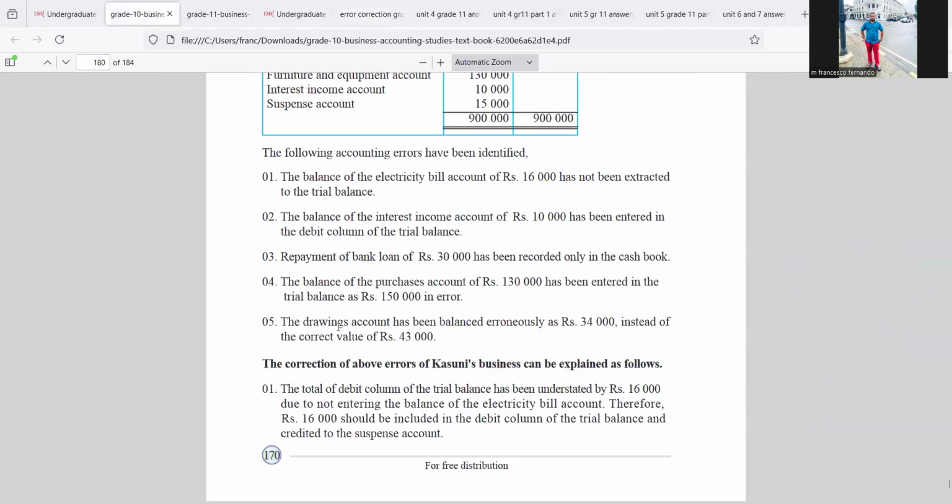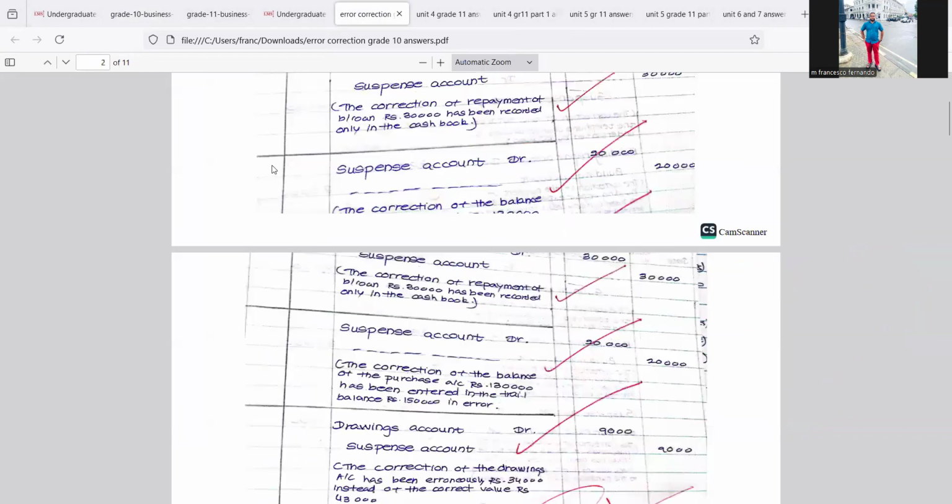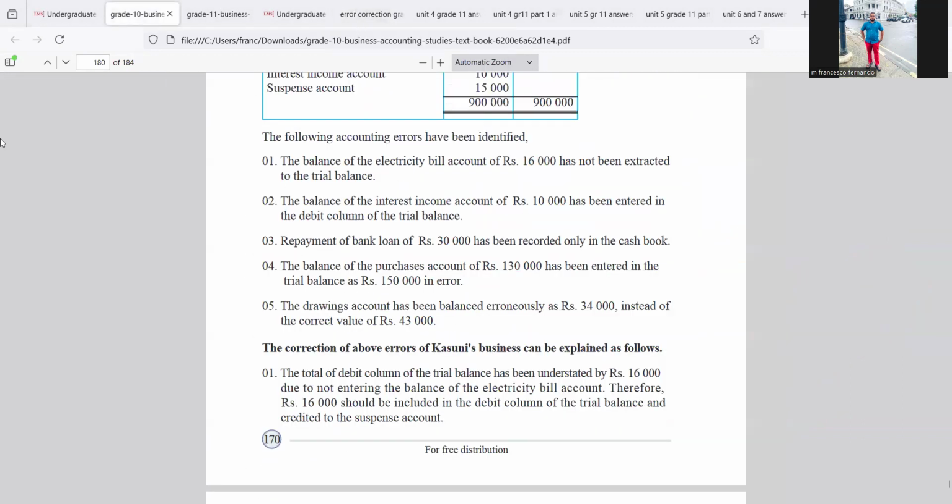Then moving to the next one: the drawings account has been balanced erroneously as 34,000 instead of the correct value 43,000. So you can see there is a difference of 9,000. Instead of recording 43,000, they have recorded it as 34,000.